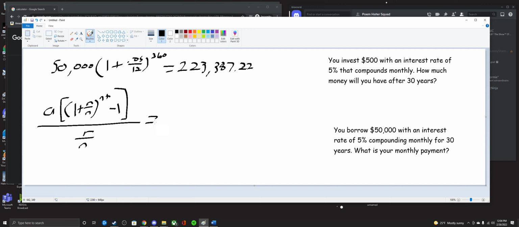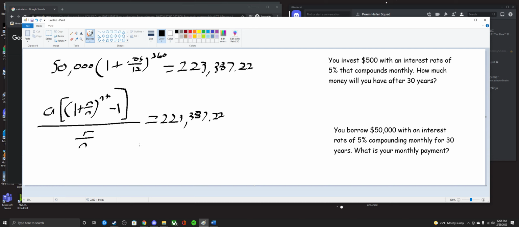And that'll get us our ultimate amount that we want to have paid off at the end of 30 years, which is $223,387.22. So we don't actually know A. A is what we're actually calculating for, but we do know everything else, so I guess I'll write it down here.